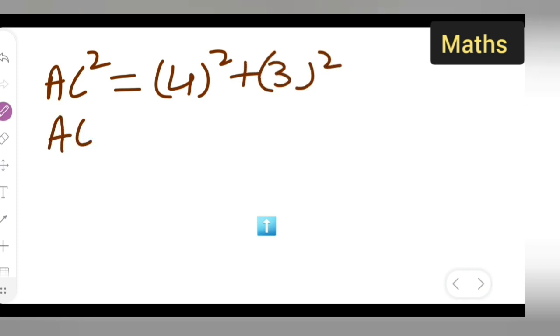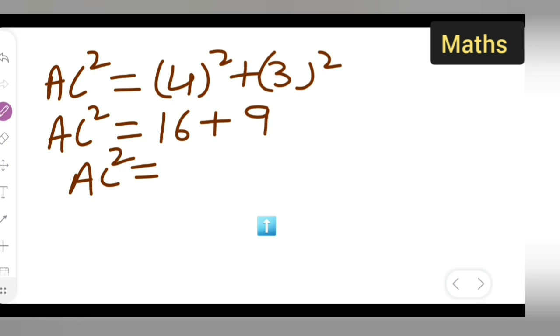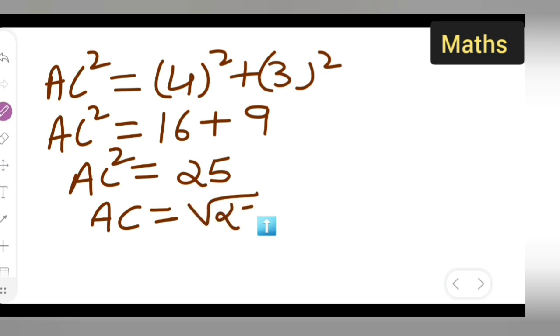So AC square is equal to 4 square, which is 16, plus 3 square, which is 9. 16 plus 9 is going to give you 25. So AC is equal to root 25. If you take the square root, you will get 5. Square root of 25 is 5. So AC we got to be 5.